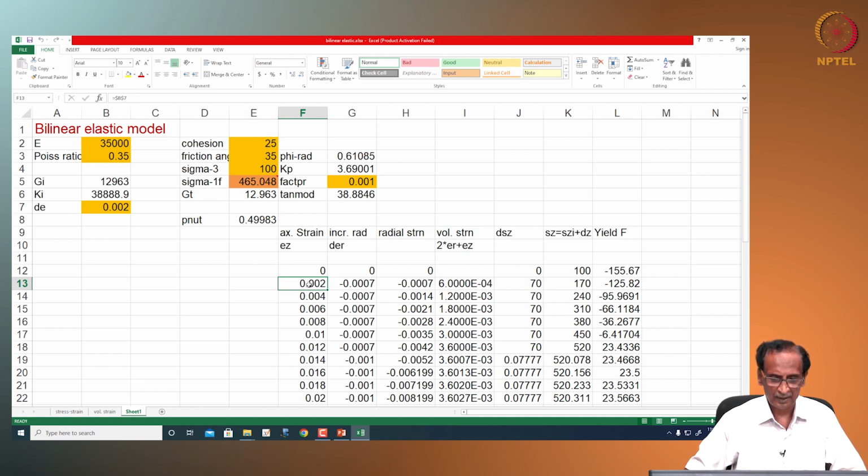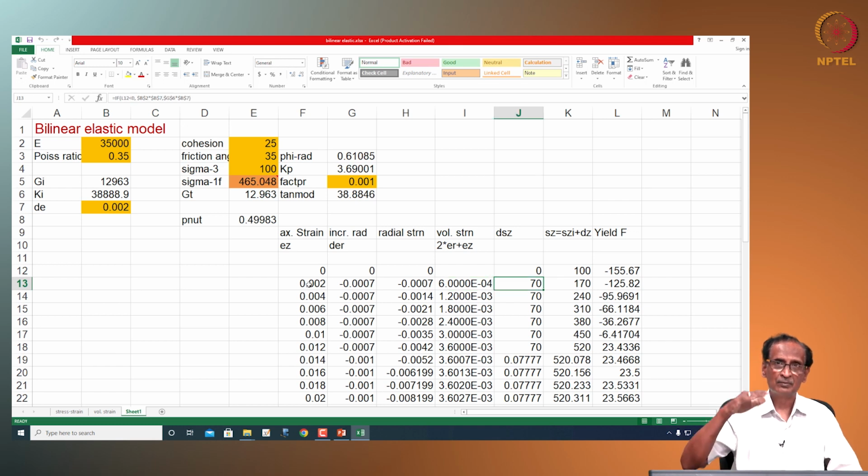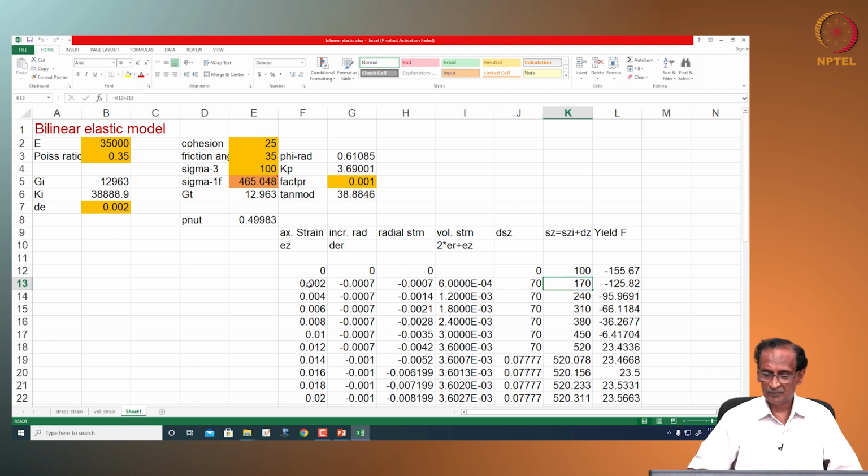So, the axial strain of 0.002, the incremental radial strain is minus 0.0007, and then the volumetric strain is 2 times the radial strain plus epsilon z, that is 6 times 10 to the power minus 4, and the increment in the axial stress is 70, and this is our yield function value minus 125.